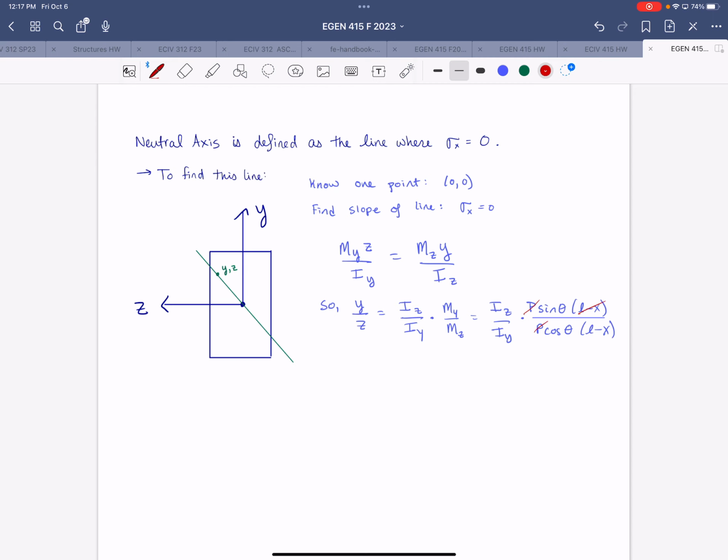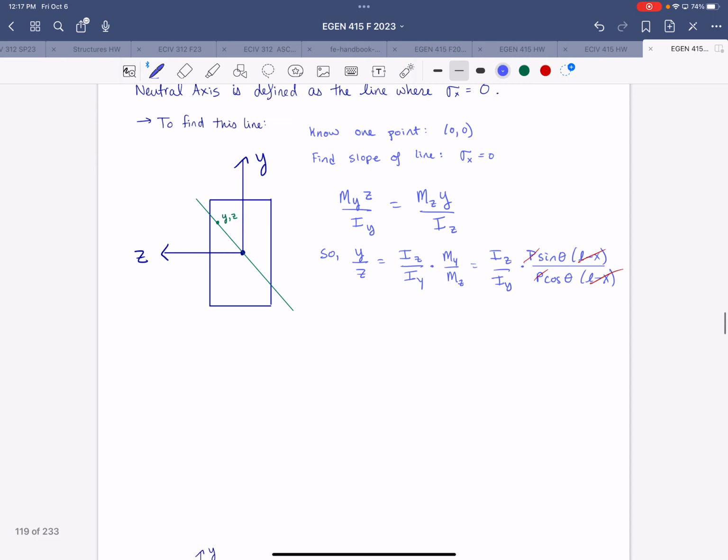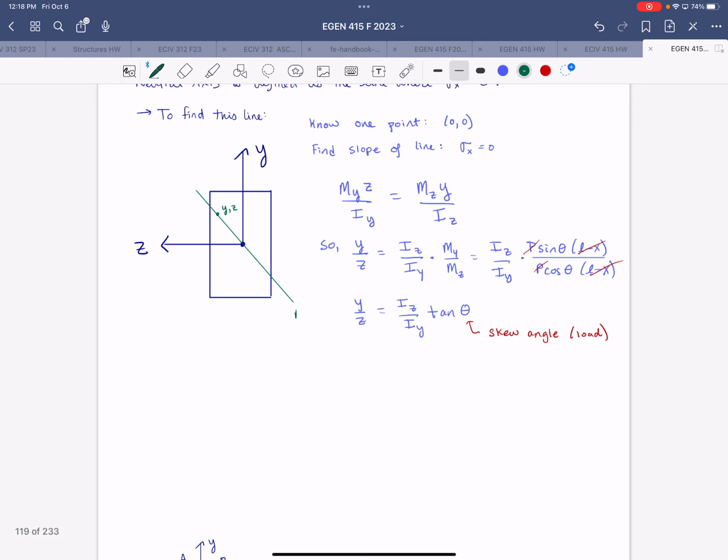With the P's and the moment arms canceling, we're left with y over z equal to IZ over IY times the tangent of theta. And remember, theta is the angle by which the load is skewed. It's not necessarily the angle by which the neutral axis is skewed.